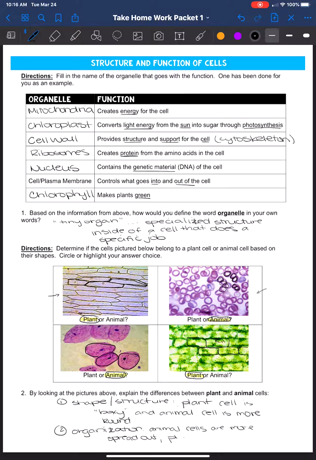Plant cells are more, I'll put together in quotes, I guess, are more together. They're stacked on top of each other, or they form a very specific kind of shape in the picture, kind of boxes on top of boxes. So any questions about that page, let me know.